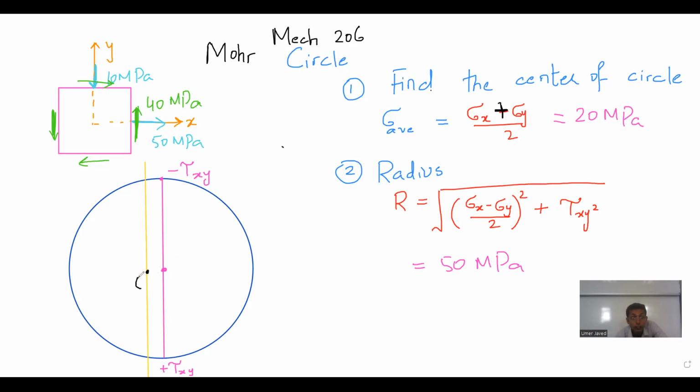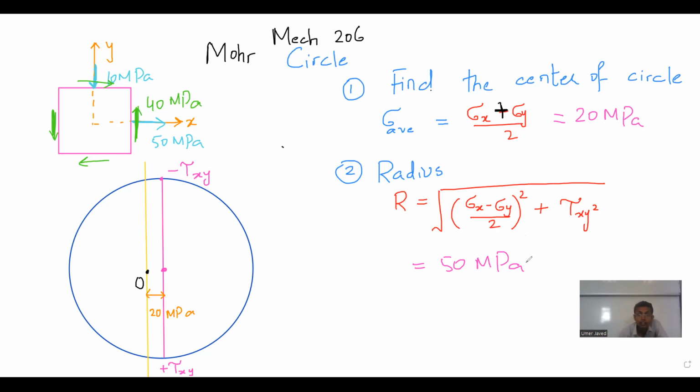Now, this is very confusing, right? Your average stress is at 20 megapascal, then your origin 0 is this line. So now you can say that this is my 20 megapascals. So this is your origin and 20 megapascal to the right is your center.